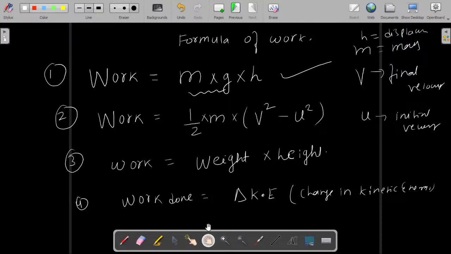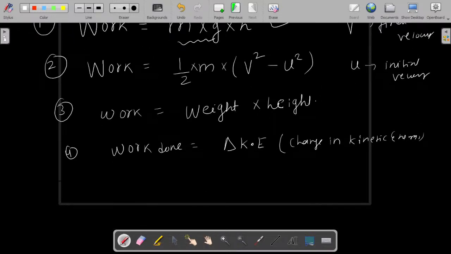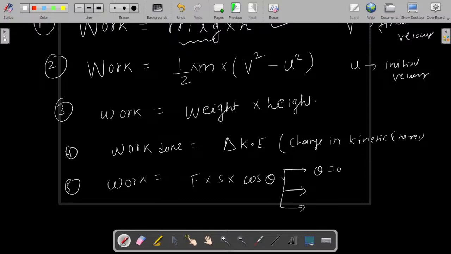Next formula I write down, work is equal to force into displacement into cos theta. And in theta there are three conditions you know. If theta is equal to 0 degree, work is positive. If theta is 90 degree, work is 0.